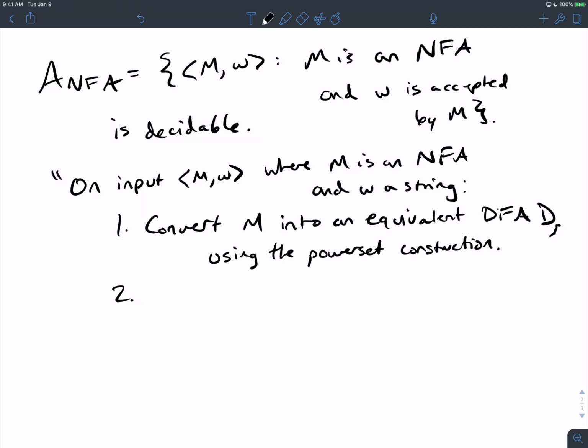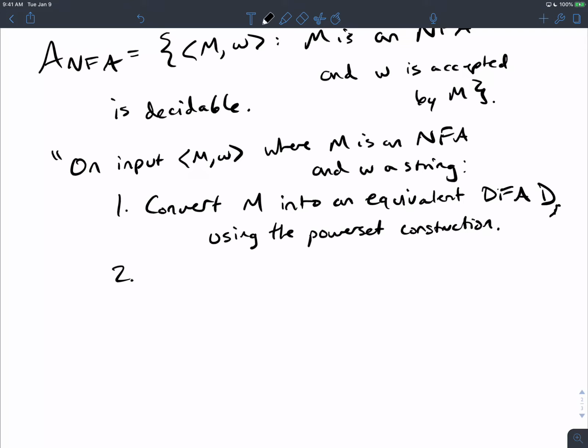So do you think it's a good idea to put all the steps in solving ADFA copied and pasted into here? Probably not. So what we're going to do here is run the decider for ADFA on input.